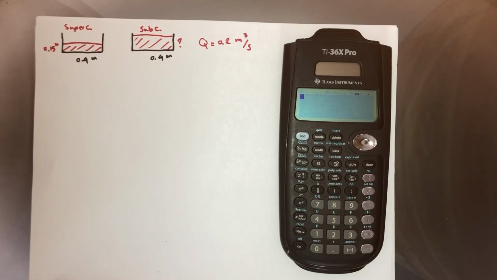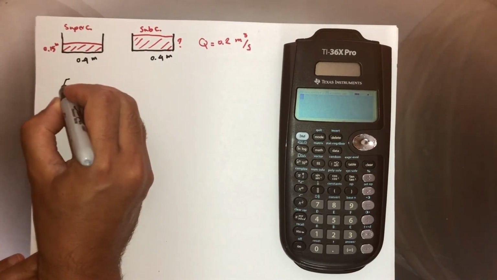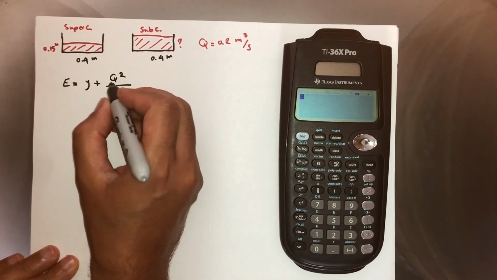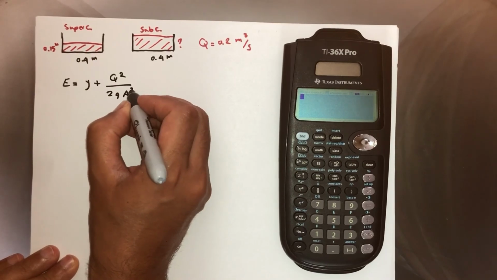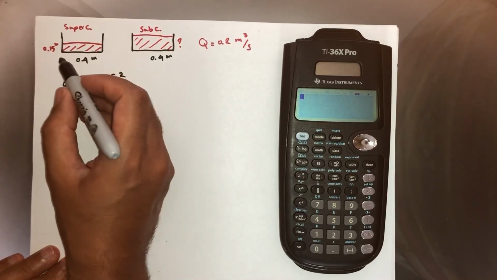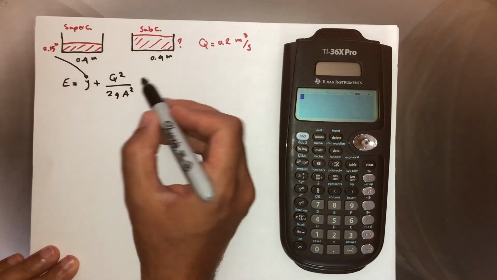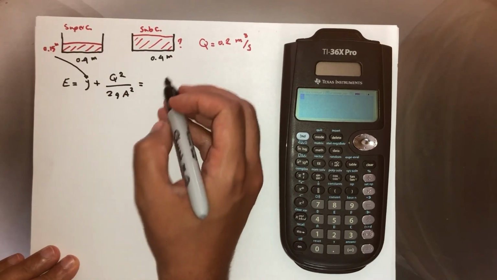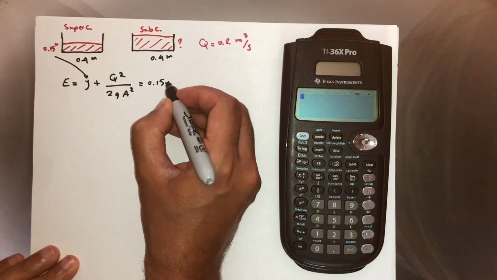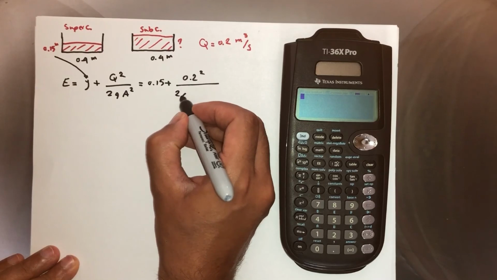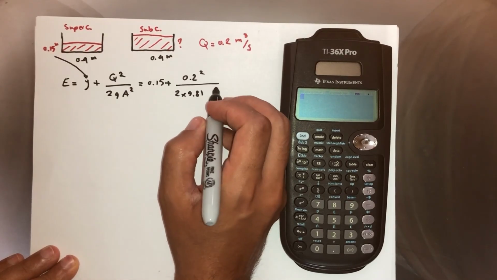So we use the specific energy equation here, E equals y plus q squared over 2g A squared. Because we have the supercritical mode, we find the specific energy in that situation being 0.15 plus q squared over 2g times area squared.